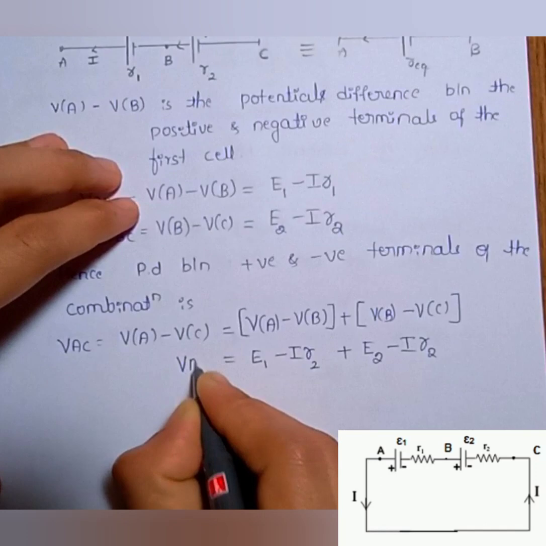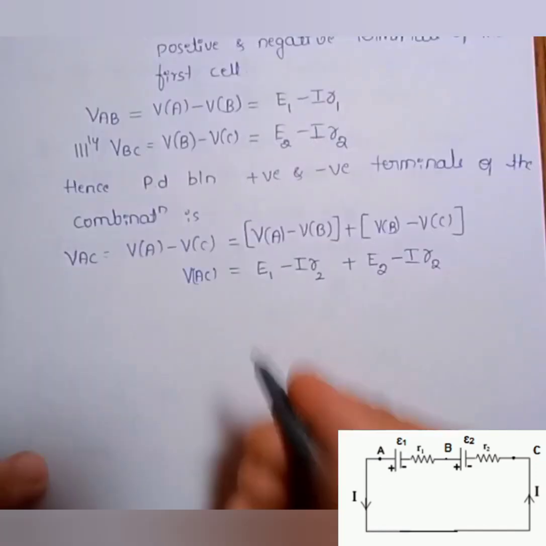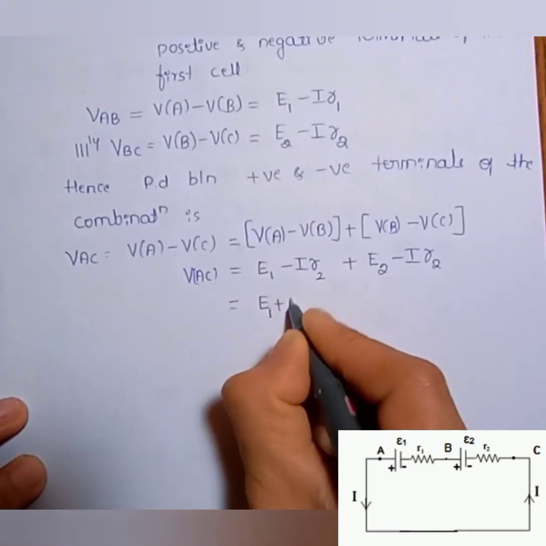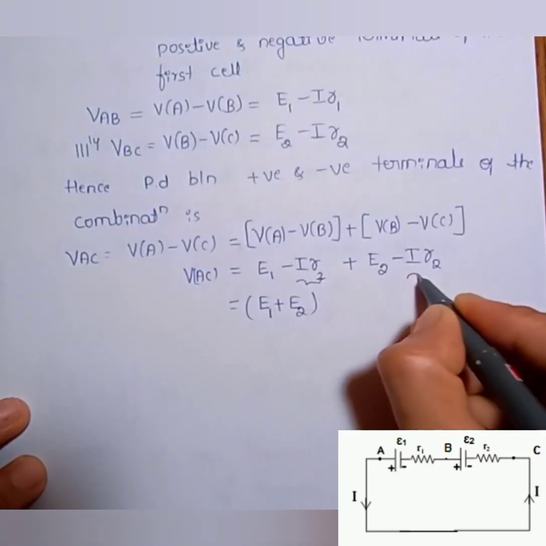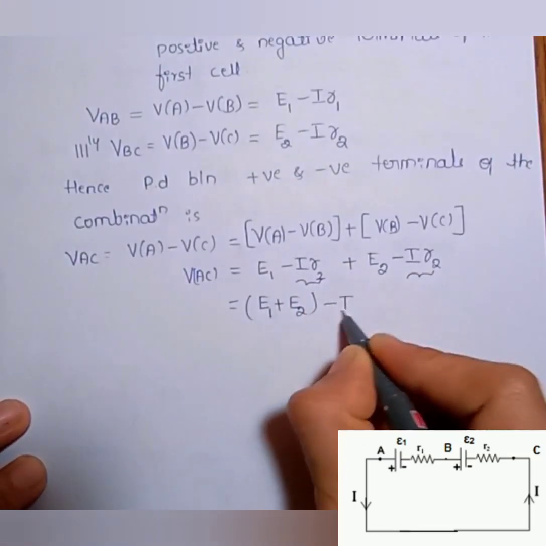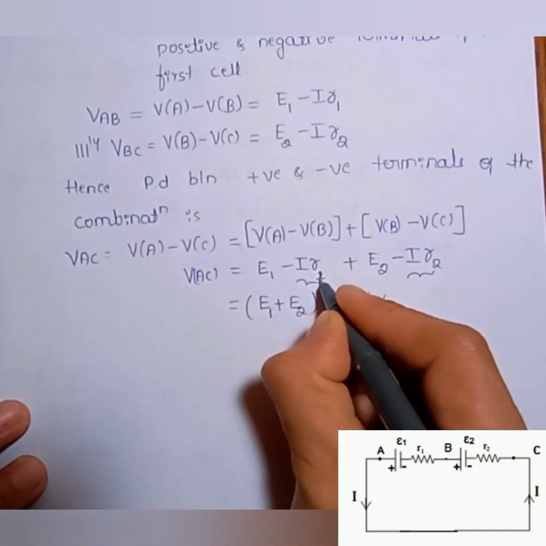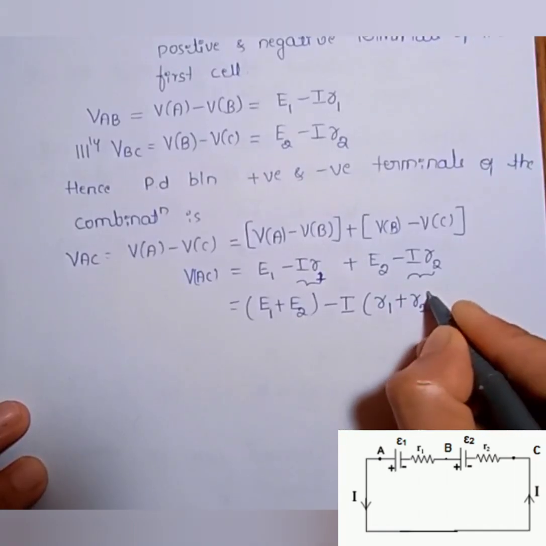This is VAC. Then by simplification, we can write E1 plus E2 minus I, which is common, taken outside, and inside the bracket we will get R1 plus R2.